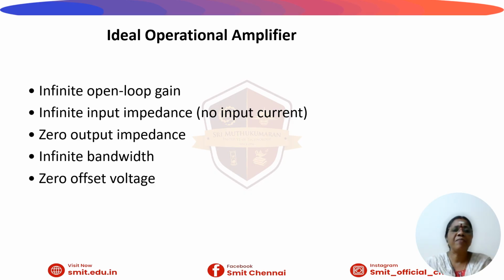Next is infinite input impedance, that is no current flows into the input terminal, which prevents the loading of the source circuit. It has zero output impedance. It can supply any amount of current to the load without voltage drop. Thus it acts as a perfect voltage source.